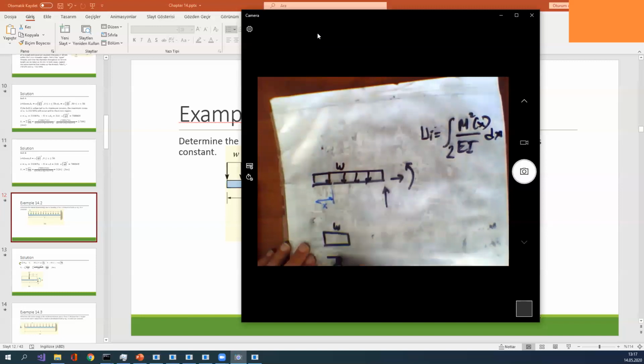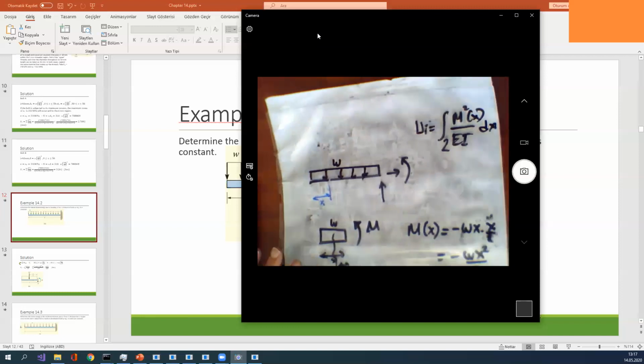This length is x. The sum of these forces is omega x, acting at x divided by 2. Also internal moment in here. There is no support reaction on the left side. So M is equal to minus omega x times x over 2. This is equal to minus omega x squared over 2.